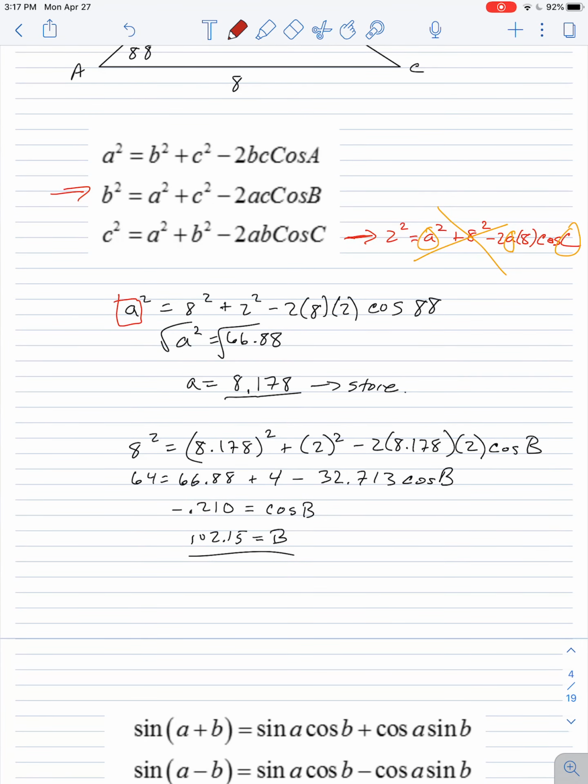Then you can subtract from 180 to get angle C. Now, look at what happens when you do this. I go 180, that's my total triangle, minus the angle B, minus angle A, this is A, this is B, and that's how I'm going to find angle C. Here's what I get.